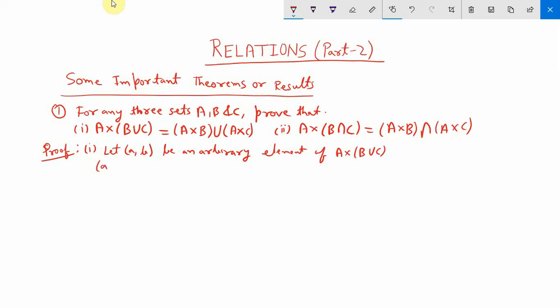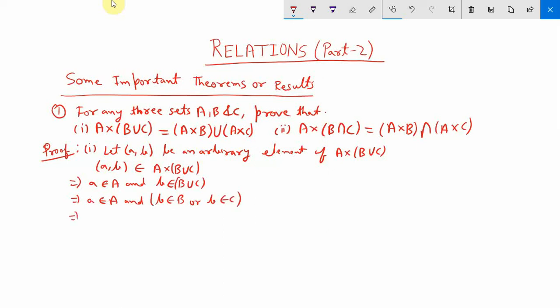As we have considered (a, b) as an element of A cross (B union C), from this we can write a is an element of A and b is an element of B union C. This can be written as a is an element of A and b is an element of B or b is an element of C.